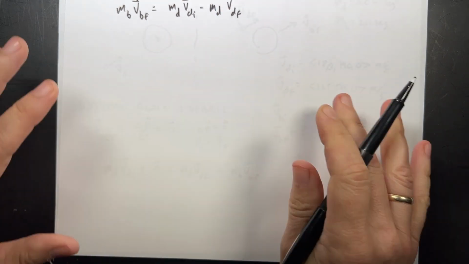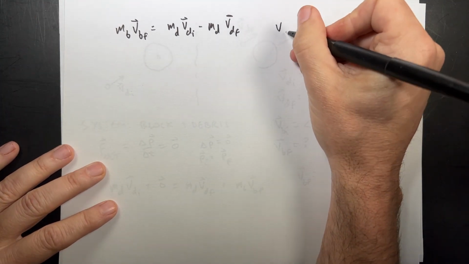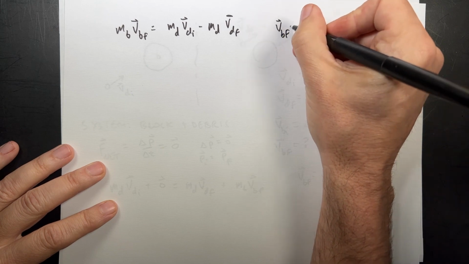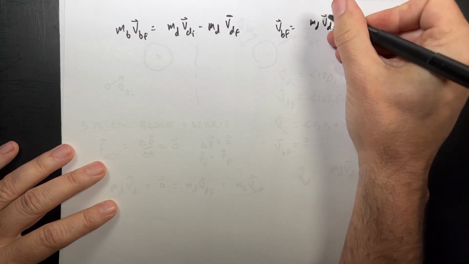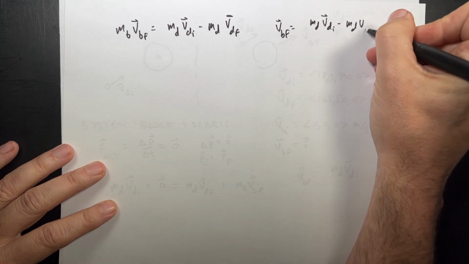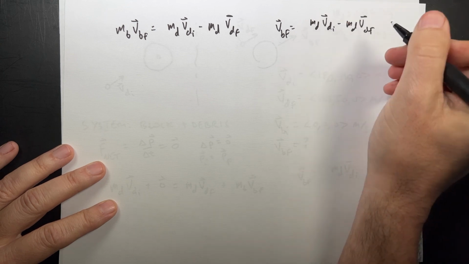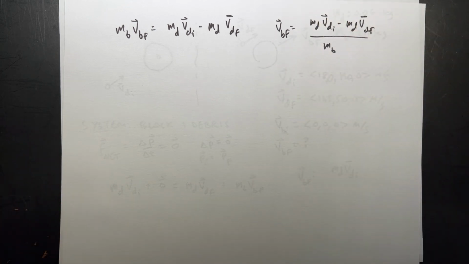Then I divide both sides by the mass of the block, and I get the velocity of the block final is equal to the mass of the debris times velocity of the debris initial, minus mass of the debris times velocity of the debris final, divided by the mass of the block. I could factor that out.